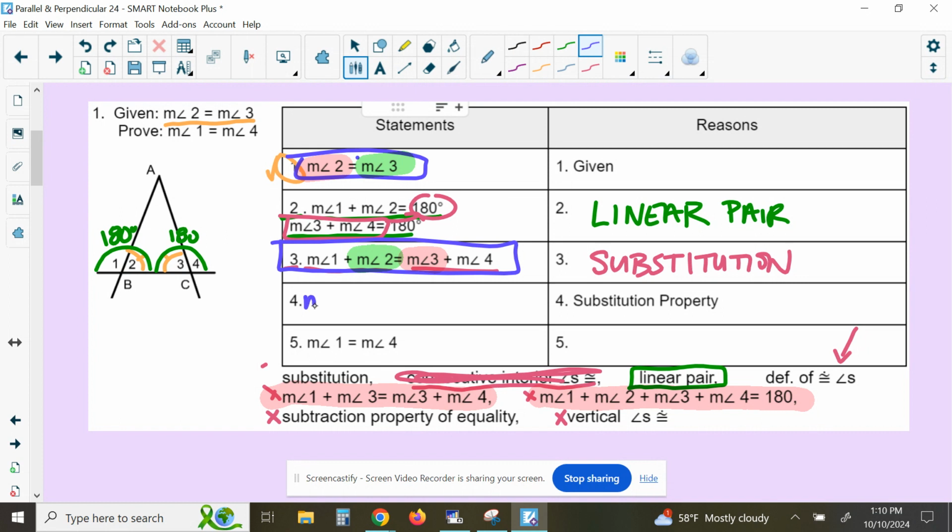They kept the M1 plus, they put M3 equals the measure of angle 3 plus the measure of angle 4. Wouldn't all those angles added together be 360? Yeah. So they have subbed, they took the 2 out of the game and put the 3 in the spot. So they have used this one down here.